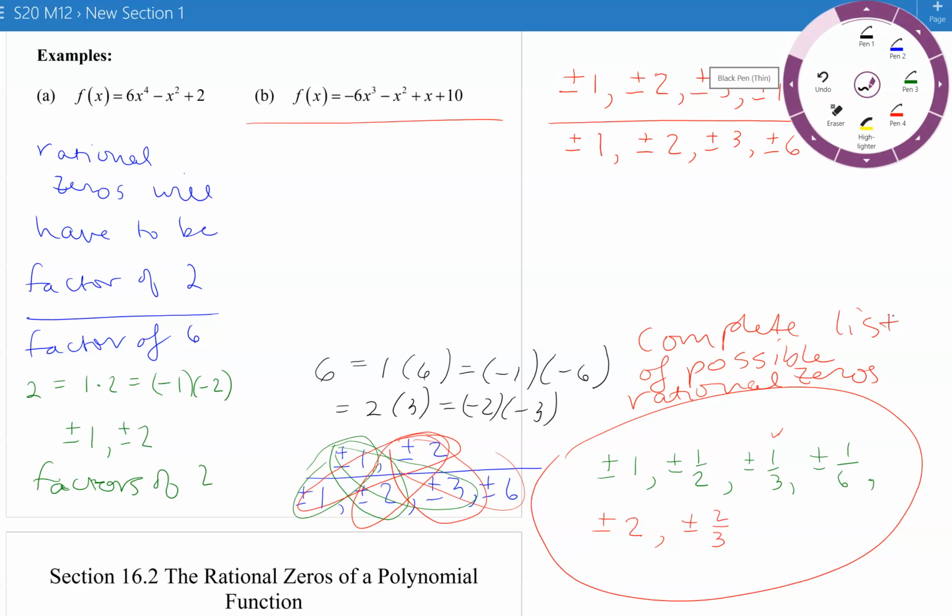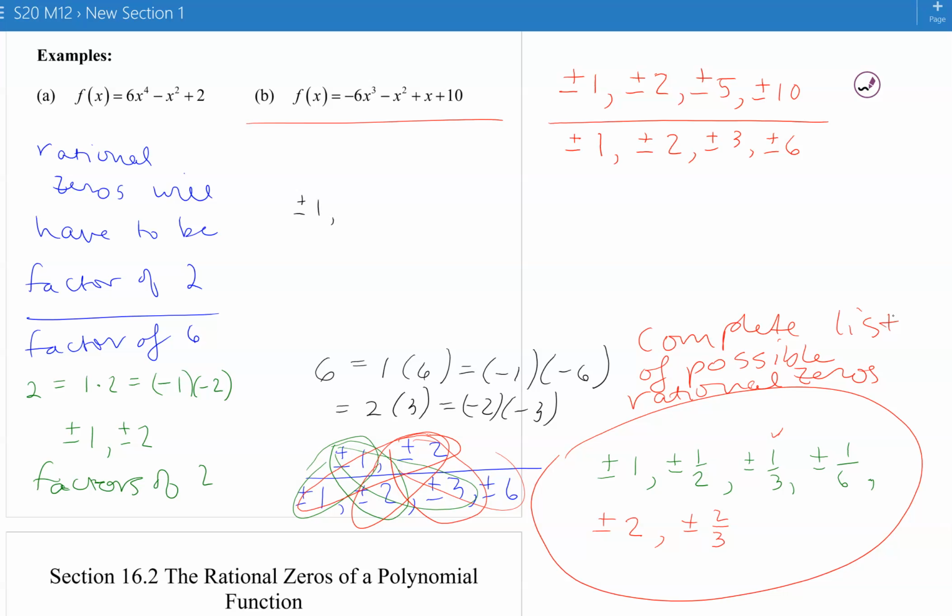So we can make our complete list. 1 over 1 is 1. 1 over 2 is a half. 1 over 3 is a third. 1 over 6. And then we have 2 over 1, but 2 over 2 we already have. 2 over 3, 2 over 6 we already have.